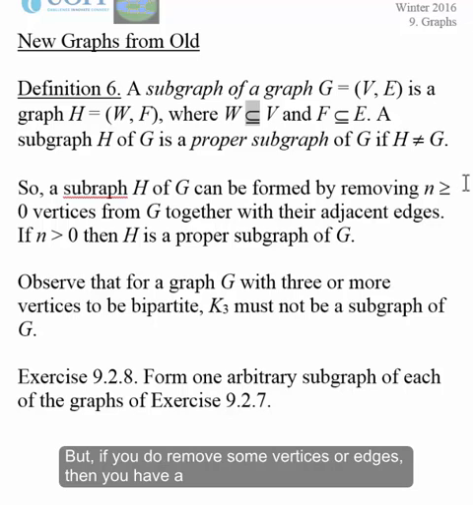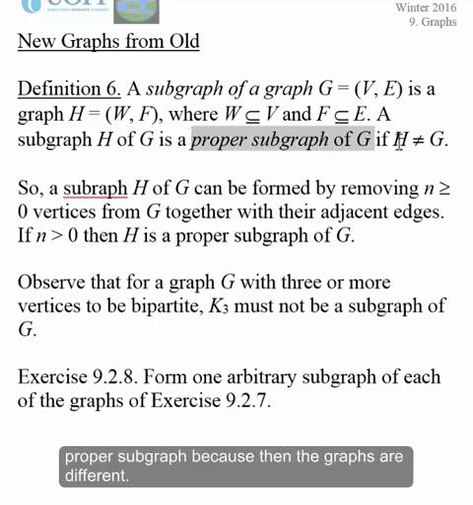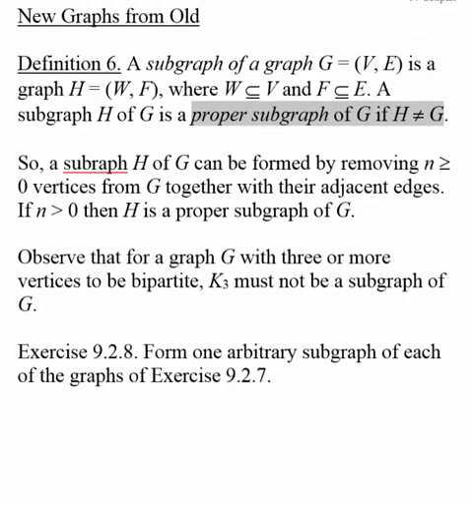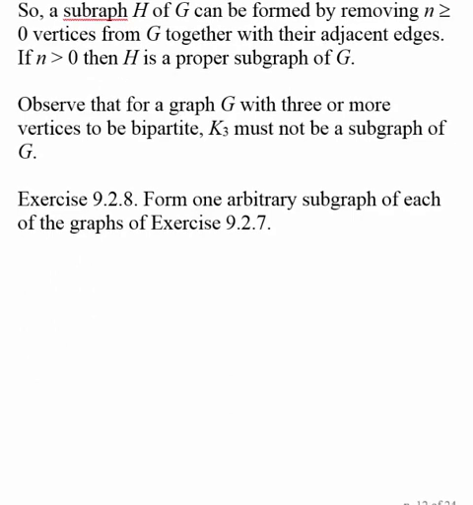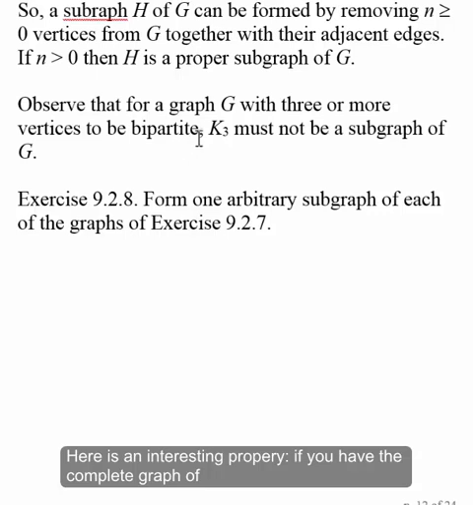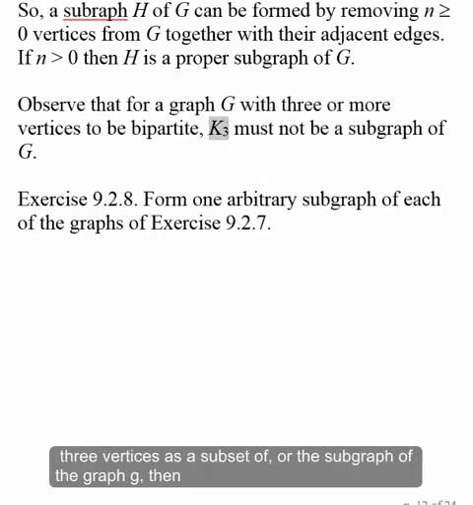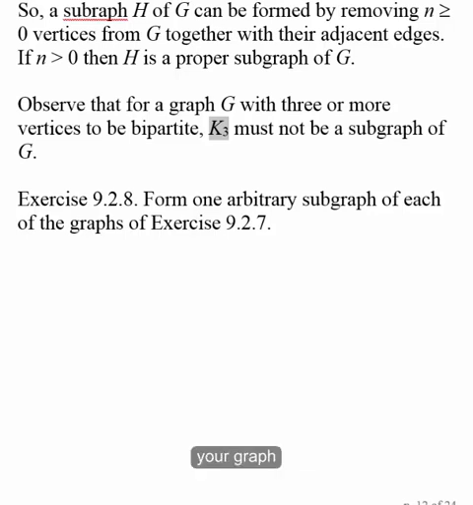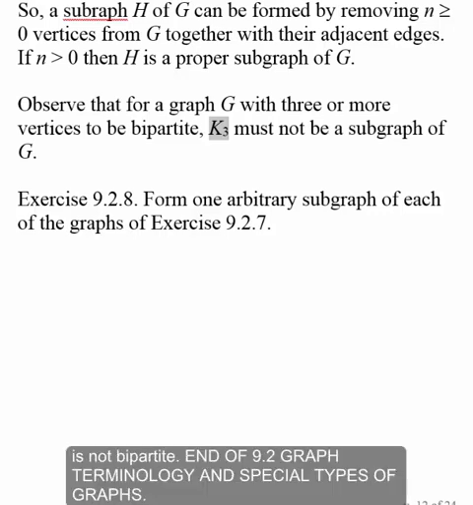But if you do remove some vertices or edges, then you have a proper subgraph, because then the graphs are different. Here is an interesting property: if you have the complete graph of three vertices as a subgraph of a graph G, then your graph is not bipartite.